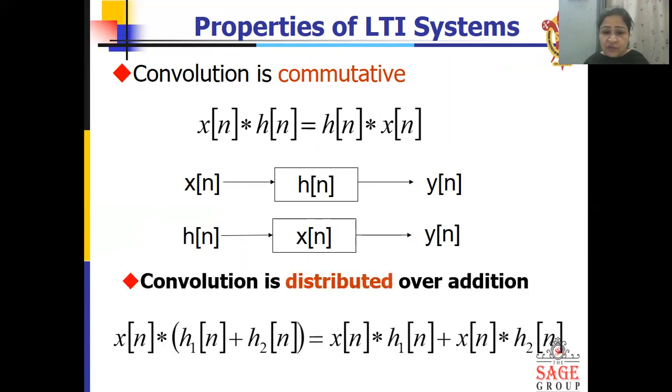Now, convolution is also distributive over addition. That means xn convolved with h1n plus h2n will be equal to xn convolved with h1n plus xn convolved with h2n. Now say I have an input xn and I give it to two systems with unit impulse responses h1n and h2n.